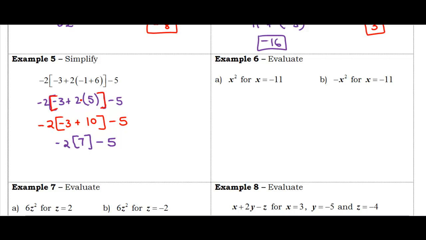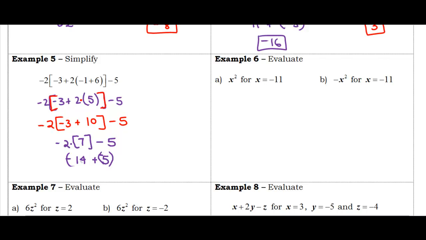What operations do you see left? Multiplication and subtraction. Which do I do first now? Multiplication, and what do I get? Negative 14. I'll do that one thing and copy everything else. And then subtraction becomes adding the opposite.